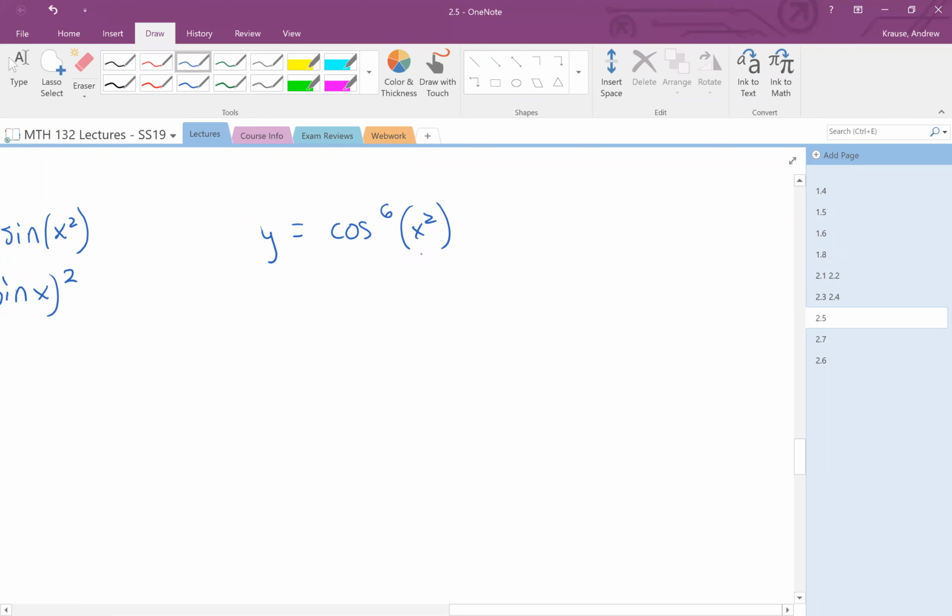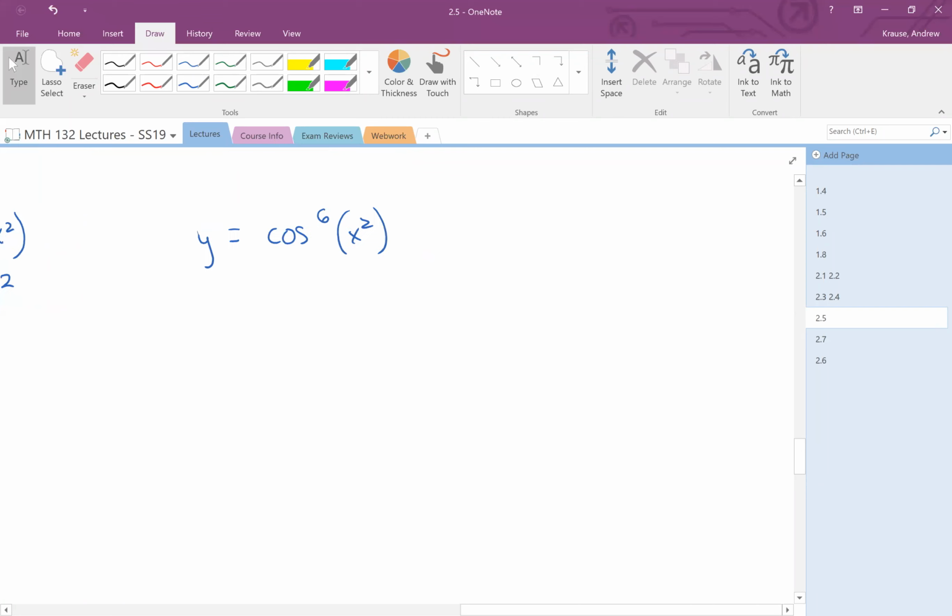Great. Okay, so this is actually going to be a triple chain rule, which is a really, really great question. So let's think about our outside function here. Our very outside function is the 6th power. Our middle function is the cosine function.